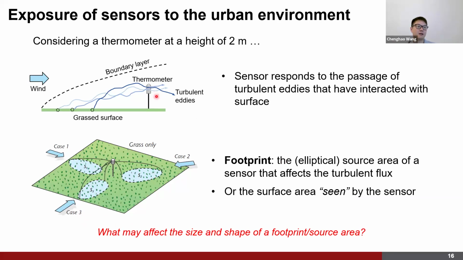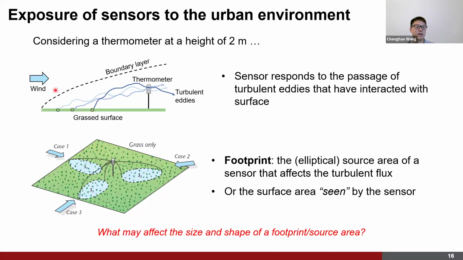Considering the relative height of this thermometer, we can consider that it is well within the internal boundary layer generated by this grassland. And the reading we have from this thermometer, the temperature we're measuring, is actually measuring the turbulent eddies that are passing through it, which can be either warmed up or cooled down by the upwind surfaces.